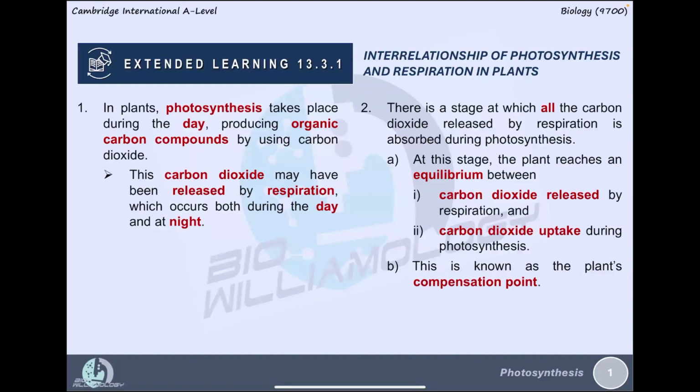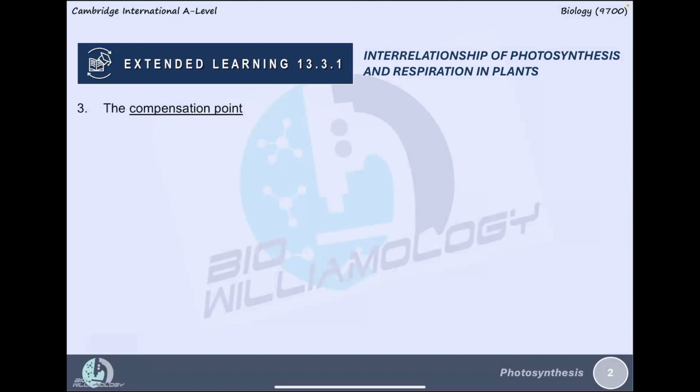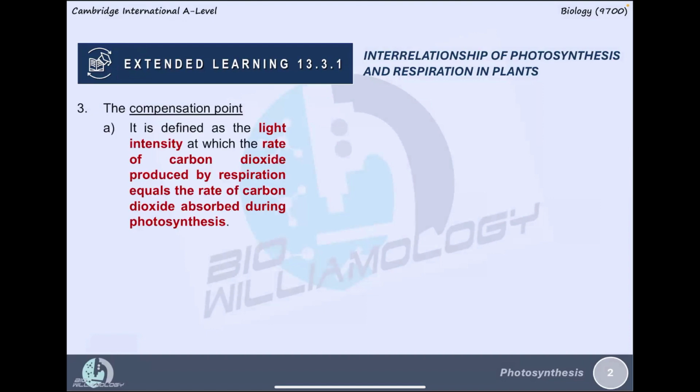So what is meant by compensation point? The compensation point is defined as the light intensity at which the rate of CO2 produced by aerobic respiration equals the rate of CO2 absorbed during photosynthesis, particularly during the Calvin cycle.